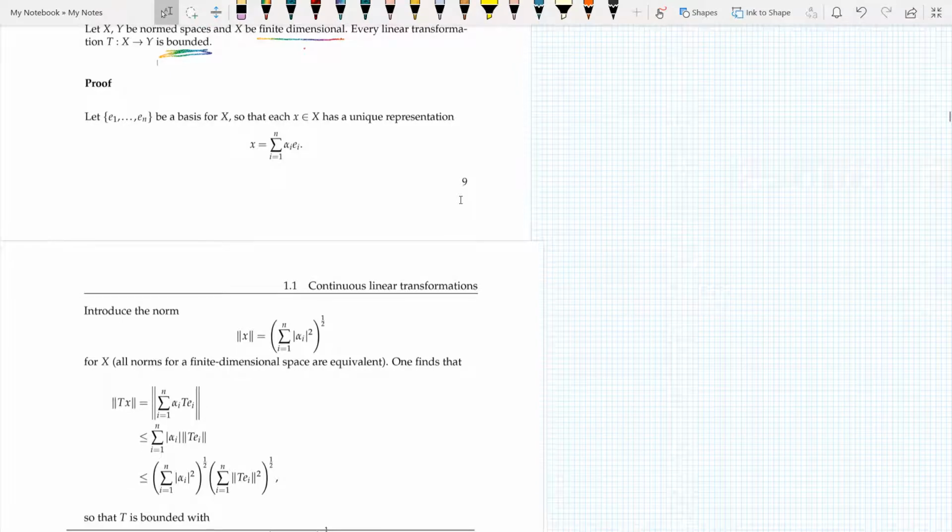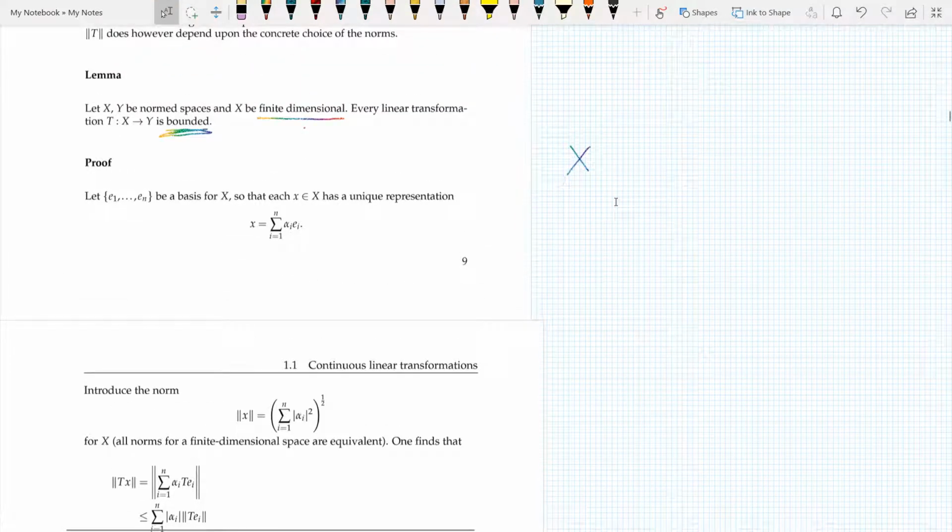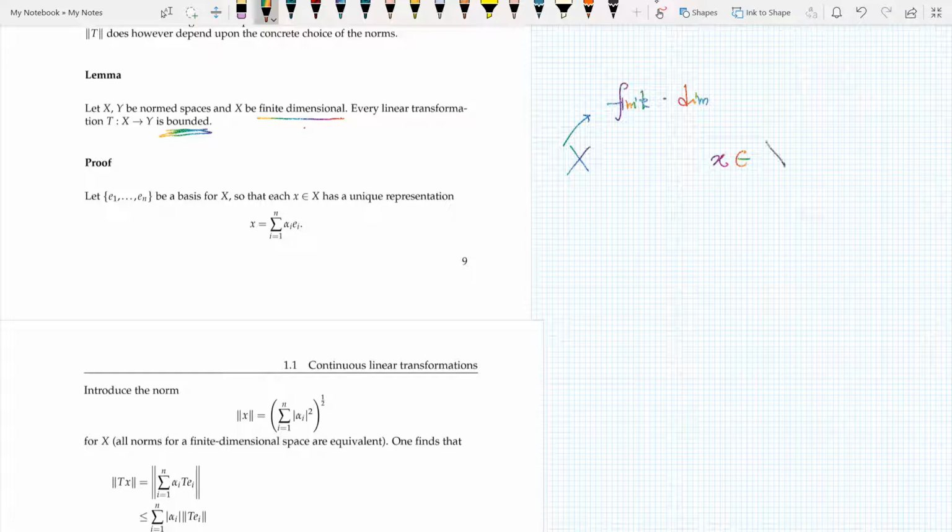So first we have our X space, and we know that X is finite dimensional, which means that every element belonging to my normed space capital X has a unique representation.